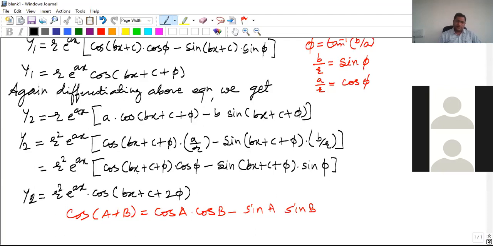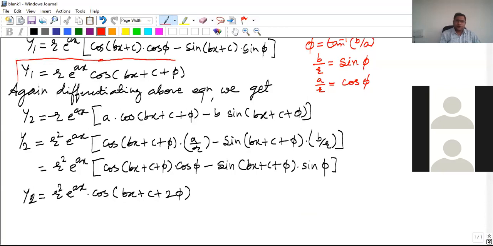Here, again I'm using the same formula: cos A cos B minus sin A sin B, and so we get it as cos of A plus B. Okay, so now we got the first order derivative here.